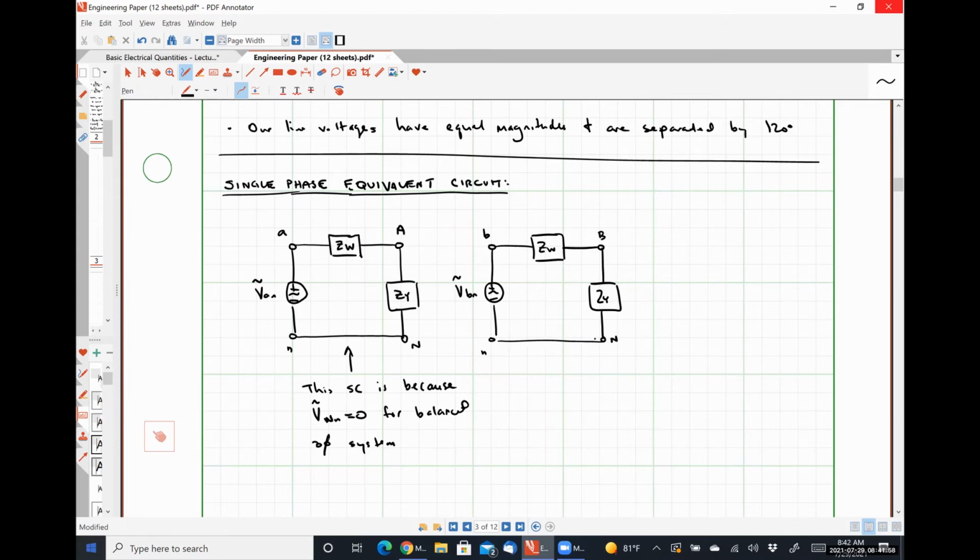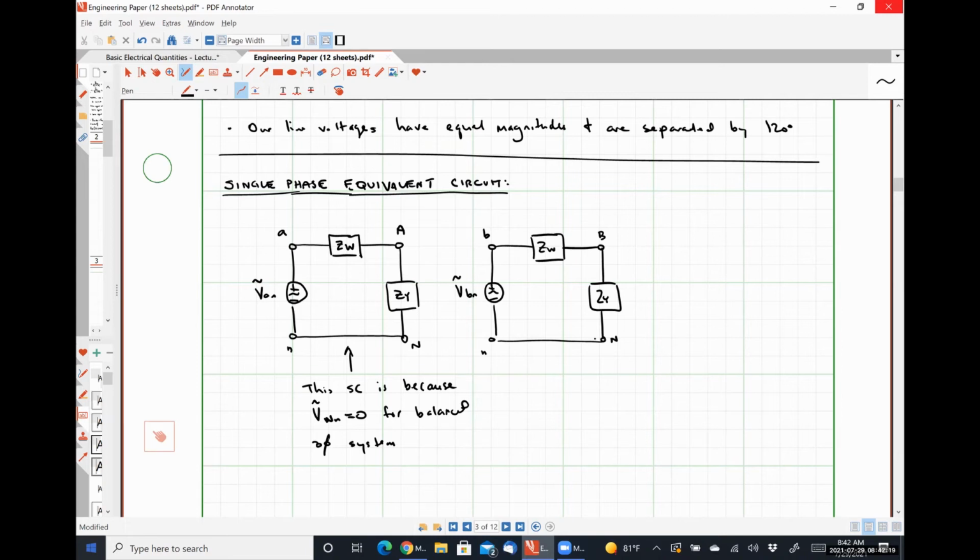And we could do one for the C phase as well. But we don't ever have to do any of those. If we can do the A phase and understand that every quantity in the B phase just lags by 120 degrees, there's no point in ever doing it, right? So we can form the single phase equivalent circuits for the other phases, but there's really no point to doing so.